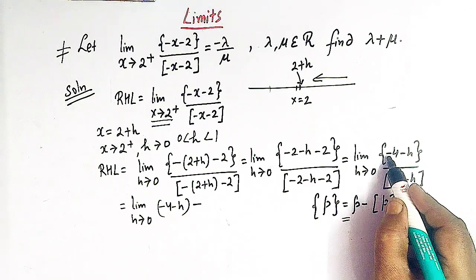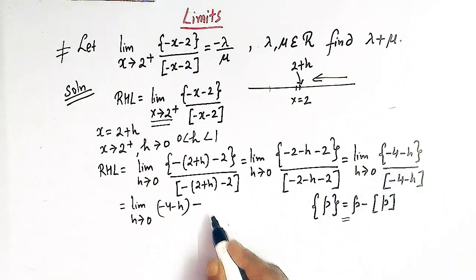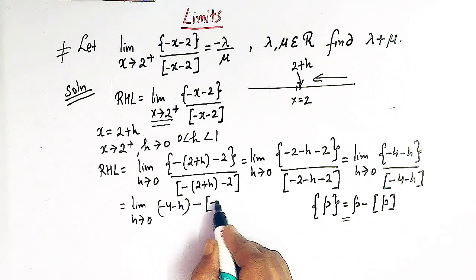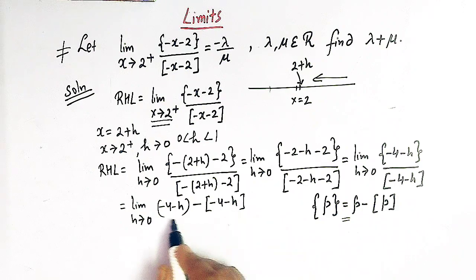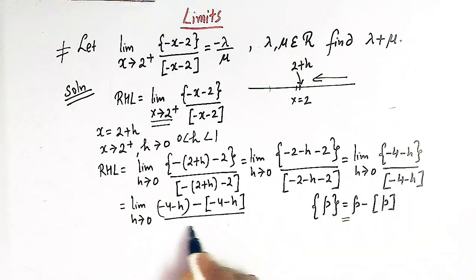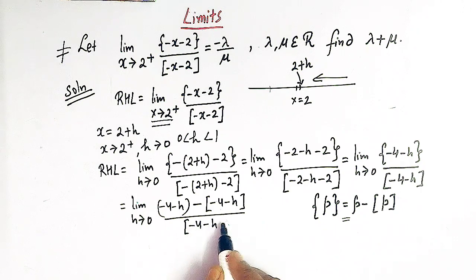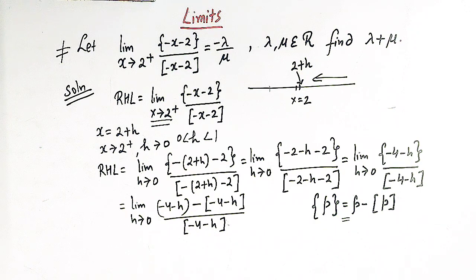So p is our minus 4 minus h. So here we have greatest integer of minus 4 minus h, and in the denominator we have greatest integer of minus 4 minus h, right?